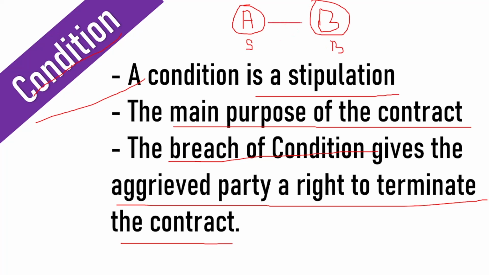Now the seller breaks the contract, means there's a breach of contract. That time what happens? The aggrieved party, who is the aggrieved party here? B is the aggrieved party. This B has a right to terminate the contract. He has a right to cancel the contract.